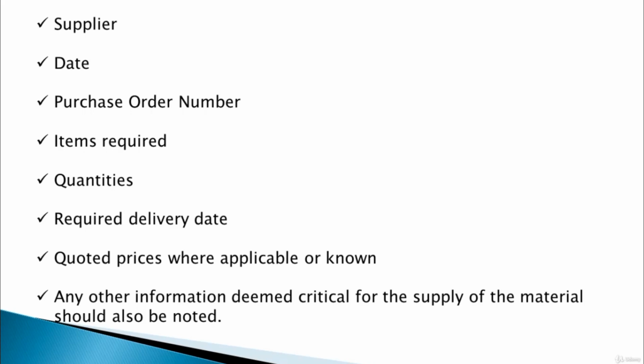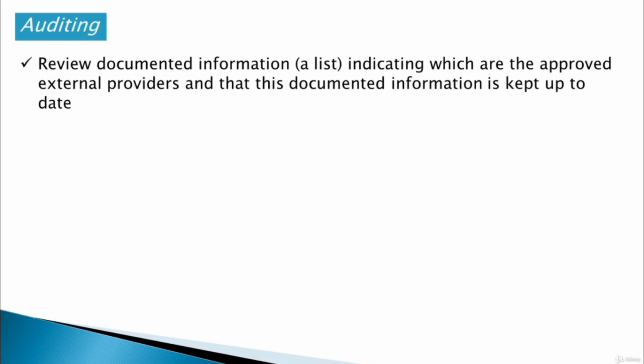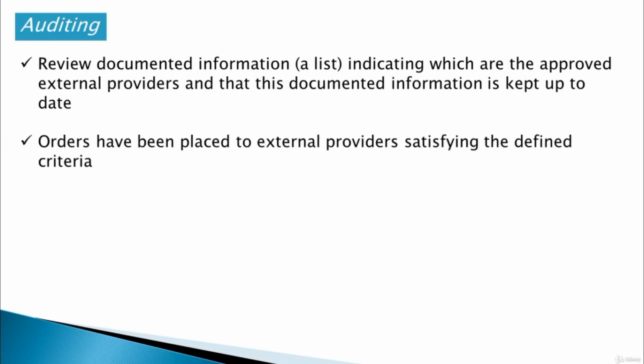and any information deemed critical for the supply of the material should also be noted. Now, as for auditing this requirement, the auditor should review documented information, maybe a list indicating which are the approved external providers, and that this documented information is kept up to date. Maybe the organization shall change the providers or the suppliers. The auditor shall also verify whether orders have been placed to external providers satisfying the defined criteria.